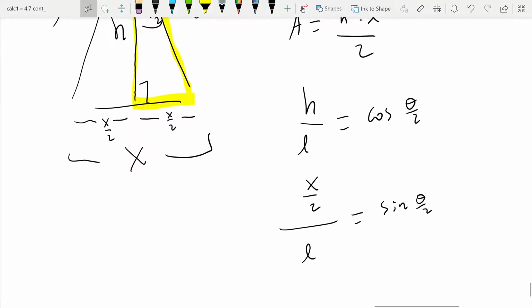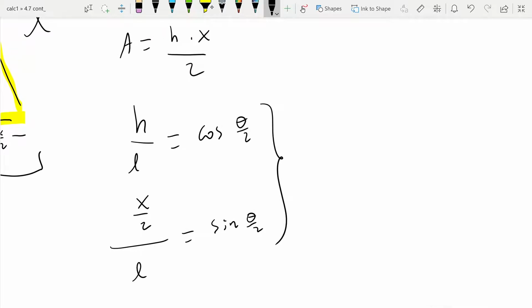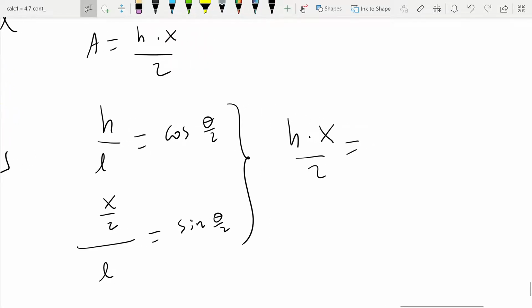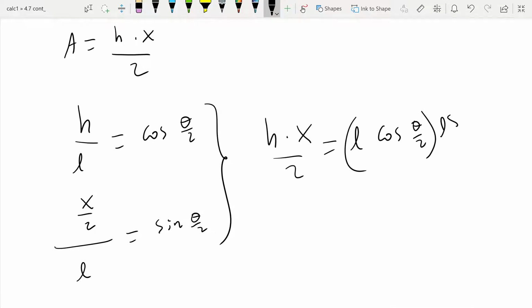And from these two relations, we can multiply them to obtain h times x over 2 is equal to L times cosine of theta over 2 times L times sine of theta over 2.